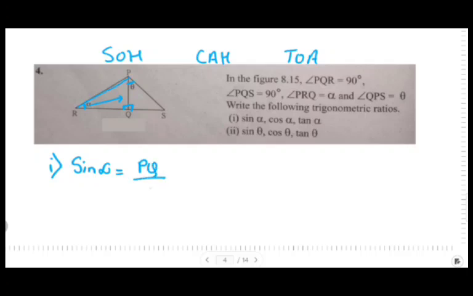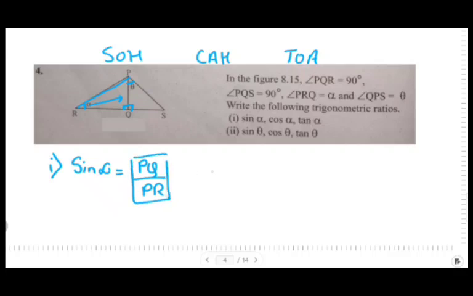So let's look at the first part. Sine alpha is equal to sine, so CAH TOA, sine of alpha. So opposite, that is PQ upon hypotenuse, which is PR. Done.